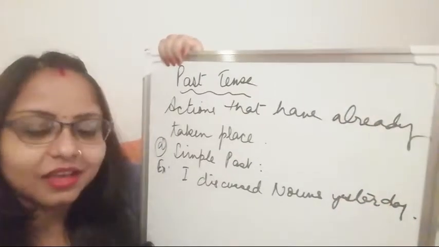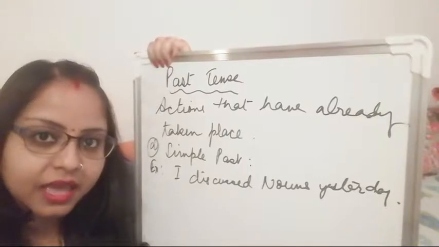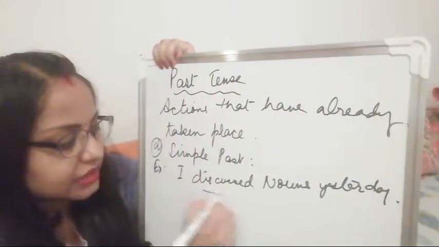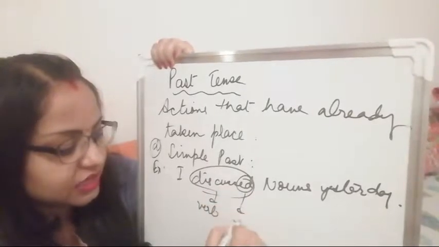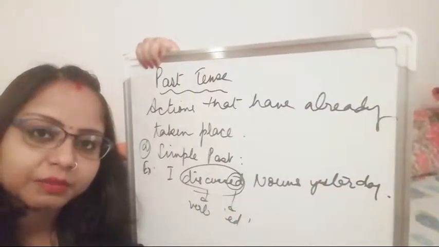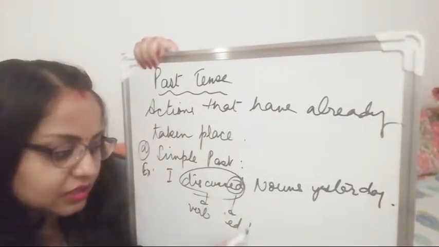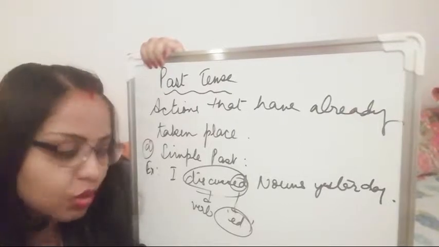What's better than an example from my channel, from the activities of my channel? I discussed nouns yesterday. So discussed, look at this verb. It is in the past tense form, ed, right? So when we add ed to a verb, it becomes past tense because this suffix imparts past tense to a verb.